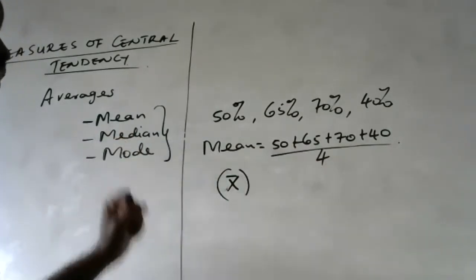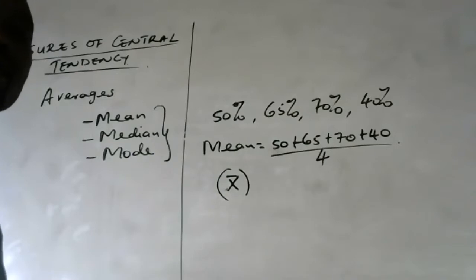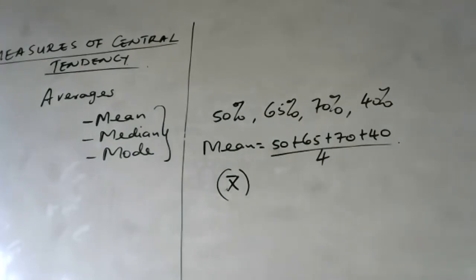When we talk about the median, it is that value that occupies the middle position. The middle position value is what we refer to as the median. And we take that particular value as the representative of the entire data. So when we are trying to find out how was the performance of a particular class after an examination, we can use the median mark to be the general performance of that particular class.